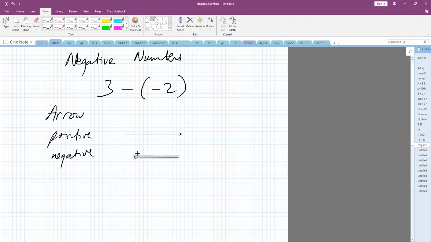So that's our agreement. Arrow pointing to the right is a positive. Arrow pointing to the left is a negative. Yeah. Now, for example, if you look at this number, you have 3.